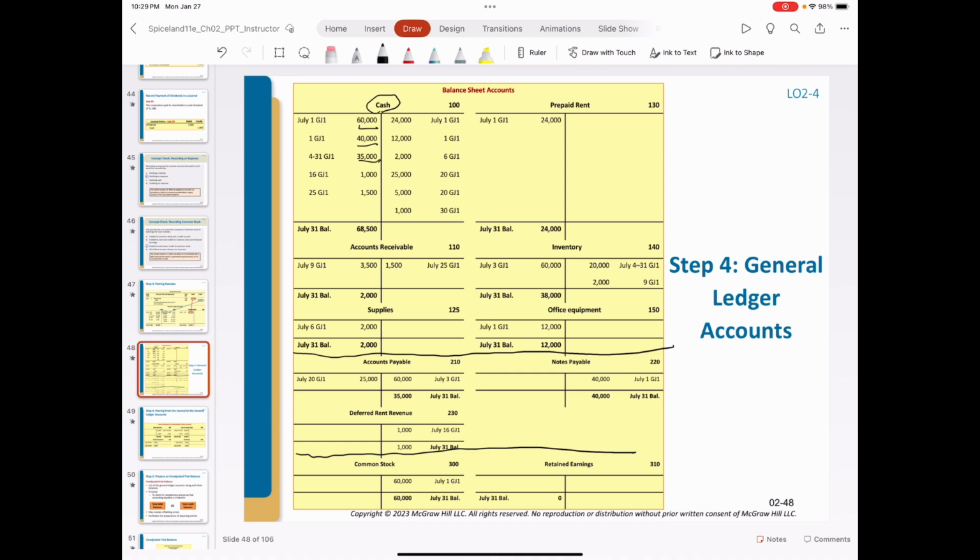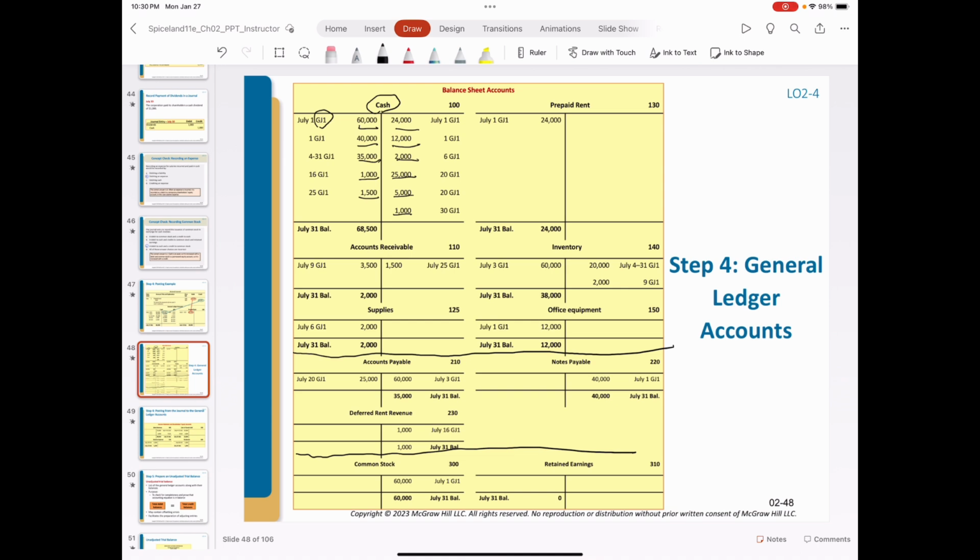That indicates there are 11 transactions that have impact on the cash account. Where is this information from? You may see here GJ1. This represents the general journal, page 1. You can go back to the journal to find the related transaction.